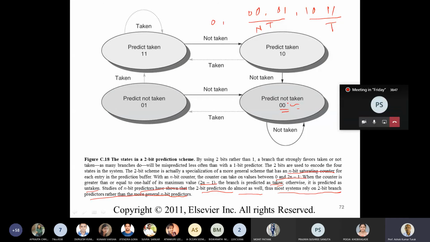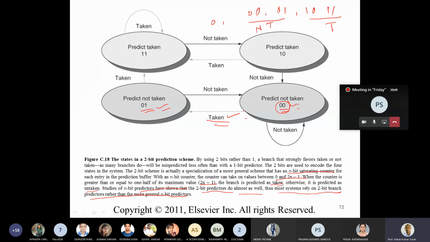Now your prediction is not taken in 0 0, and you execute the instructions in the not taken direction, but the actual outcome is taken. Then from 0 0 it becomes 0 1. 0 1 is also not taken.